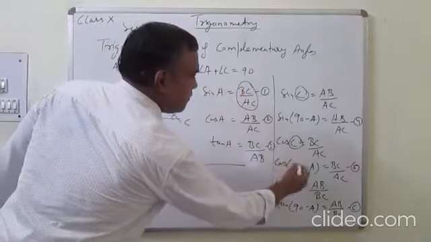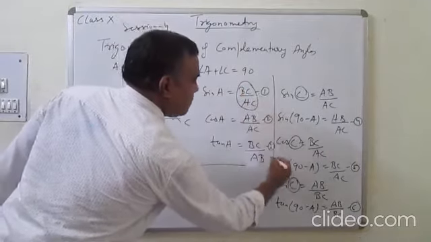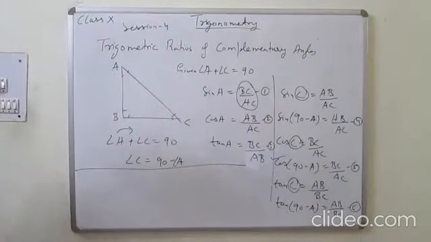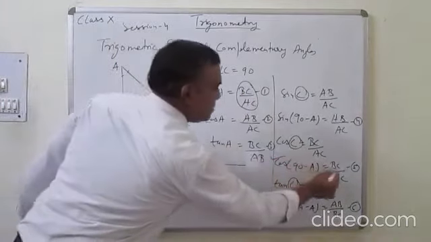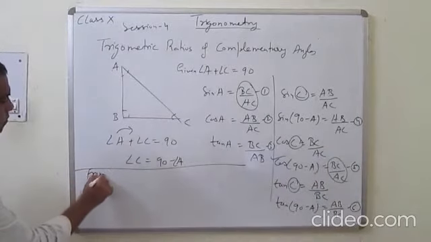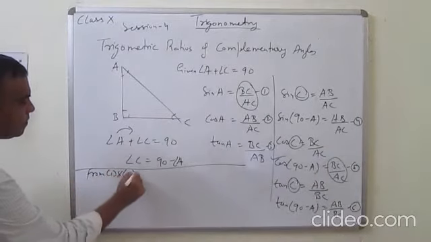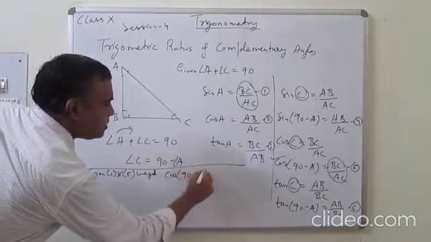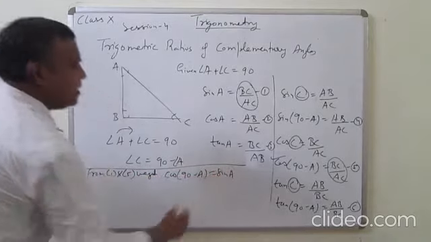From equations 1 and 5 we get cos 90 minus A is equal to sin A.